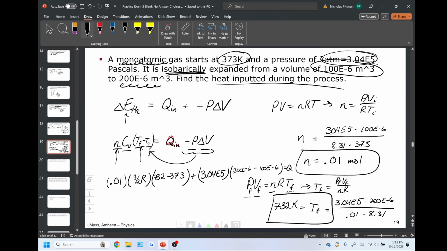So if I plug in all these numbers to my calculator, I get Q equals 75 joules.